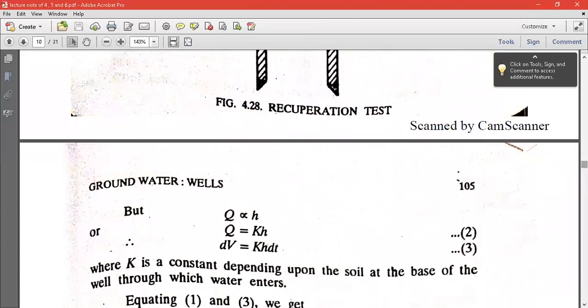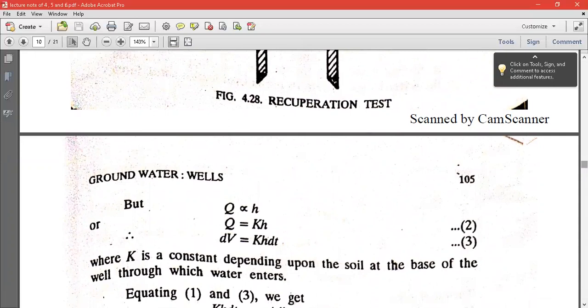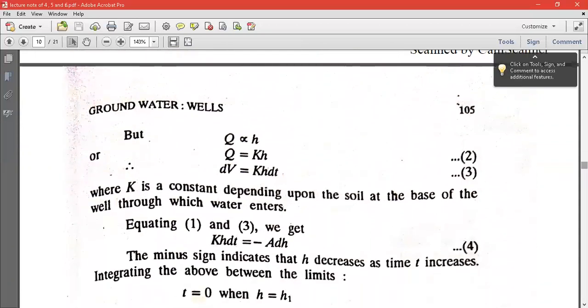So Q is proportional to H. The more the head, the more the discharge, the more yield from the well. Then Q equal to KH, and Q means dV by dt, so ultimately dV equal to KH dt, where K is a constant depending upon the soil at the base of the well through which water enters.